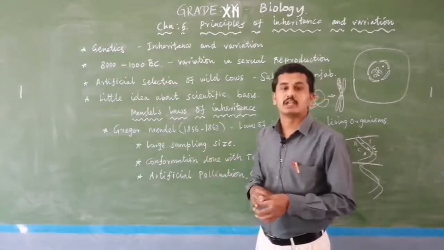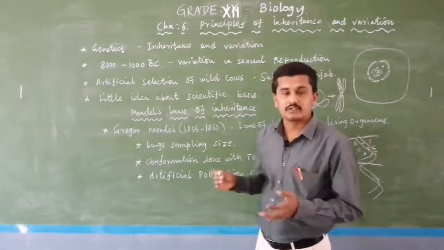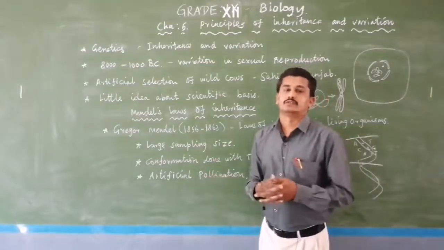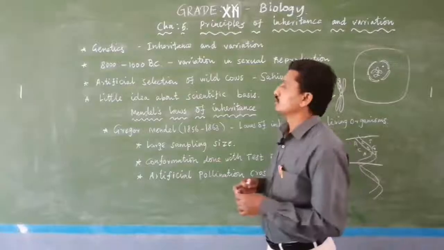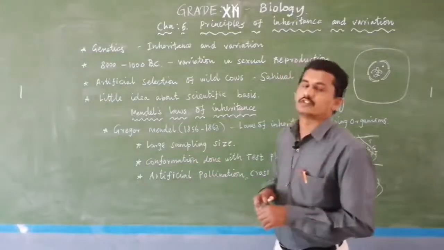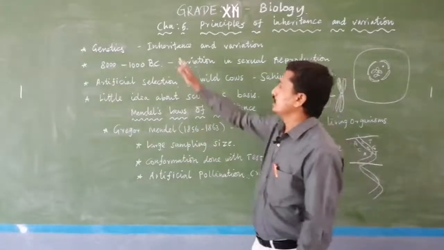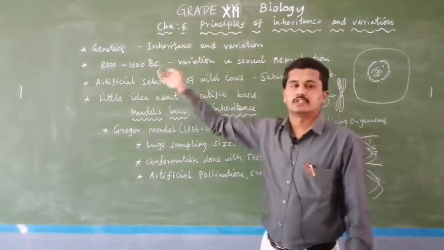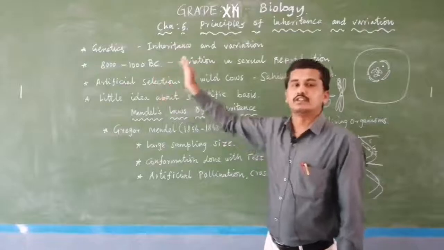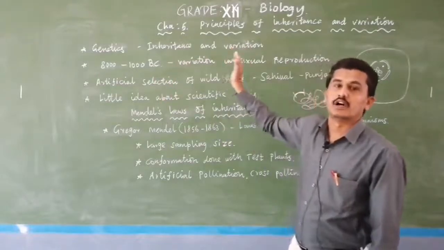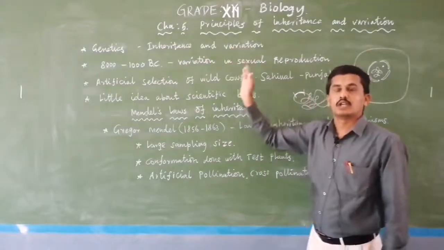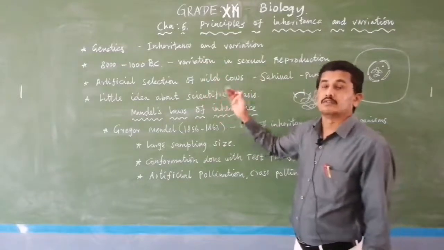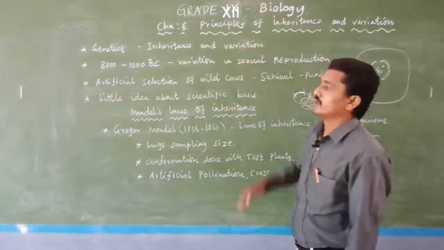So under the topic of genetics, inheritance is how characters are inherited from one generation to the next generation, and variation is how the offspring, the young one, differs from the parents.